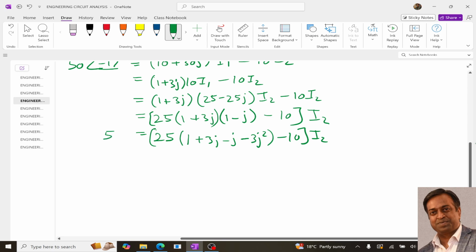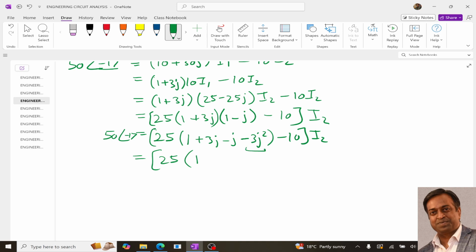It is 50 angle minus 17. So it is 25 and this is 1. Now this j square is minus 1, right? So this will become plus 3. So plus 3 and this one will make it 4 and this is plus 2j, right?